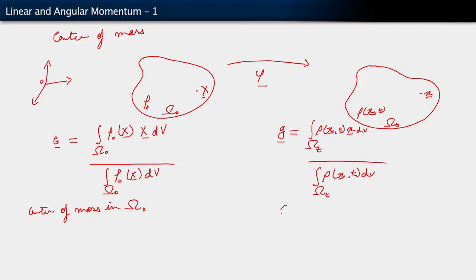So this is the center of mass of the body when it occupies the configuration omega sub t. In general, of course, G is not equal to little g.